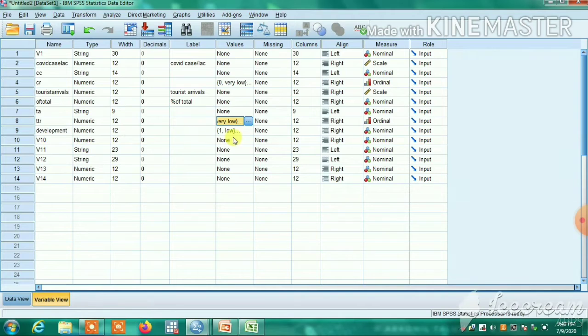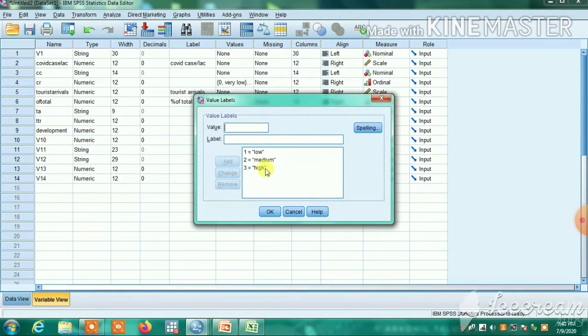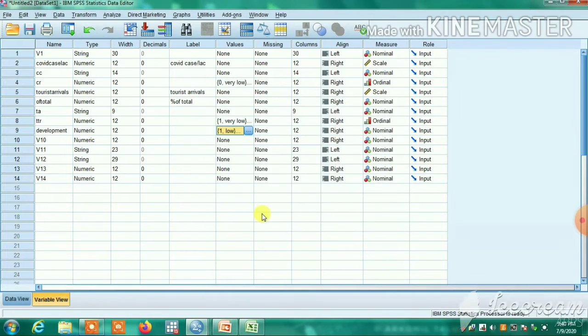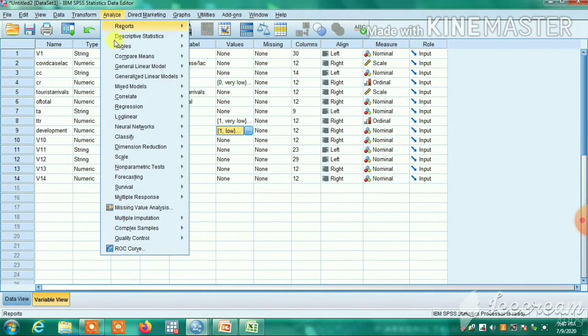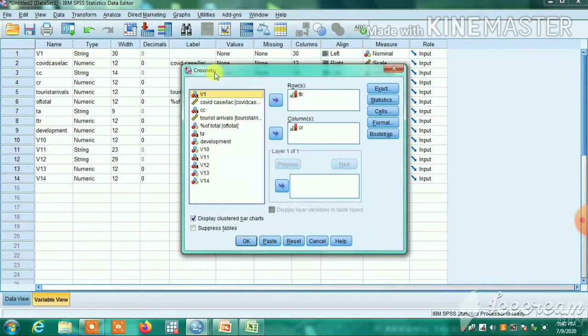And our development variable is 1 for low, 2 for medium level of development, and 3 for high level of development.